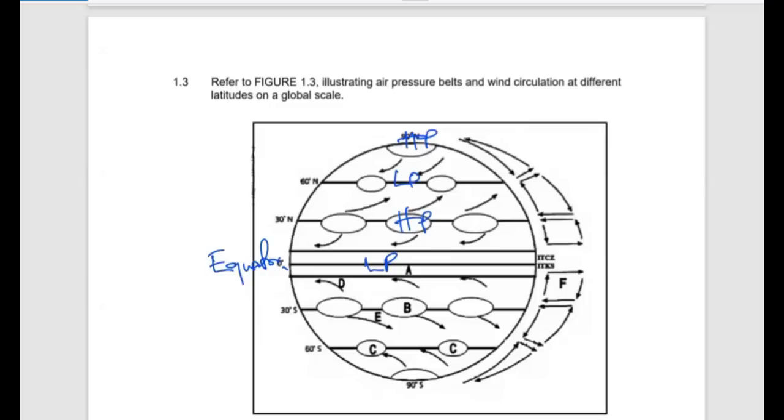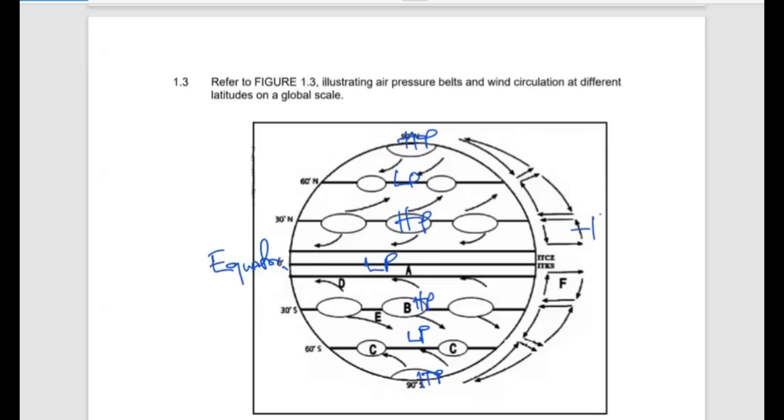We have the same sequence going towards the south. The subtropical south is a high pressure belt, the subpolar south is a low pressure belt, and the polar south is a high pressure belt. Because of this distribution of pressure belts, we also have circulation cells that develop.